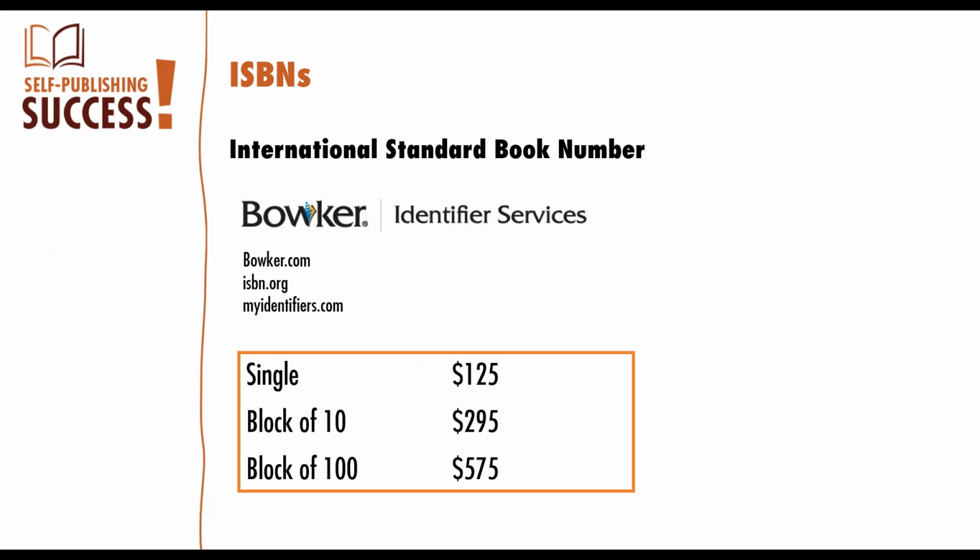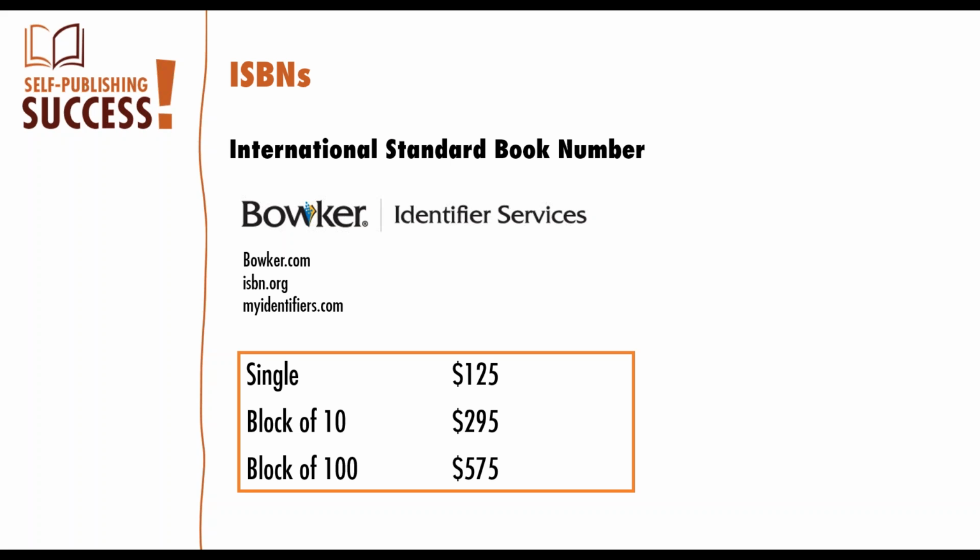Now, you want to go to Bowker for this. Bowker is the U.S. ISBN agency. They have a few different URLs, bowker.com, isbn.org, myidentifiers.com. Regardless of which one you go to, they do redirect you to myidentifiers.com. ISBN.org just is easier to remember.